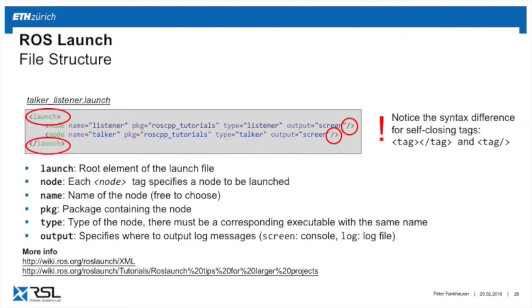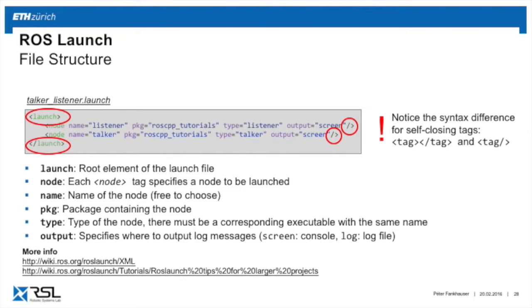It has the parameter name, which is an arbitrary name that you can choose to run the node under. Then the pkg, the package name, in this case ros_cpp_tutorials. And then which executable, the type. In the first one, the listener is of listener type, and the second one, the talker, is of talker type.